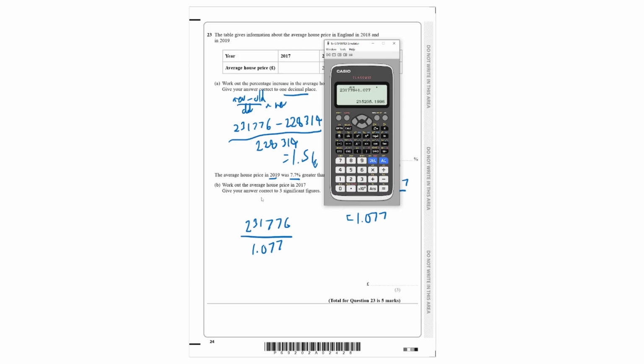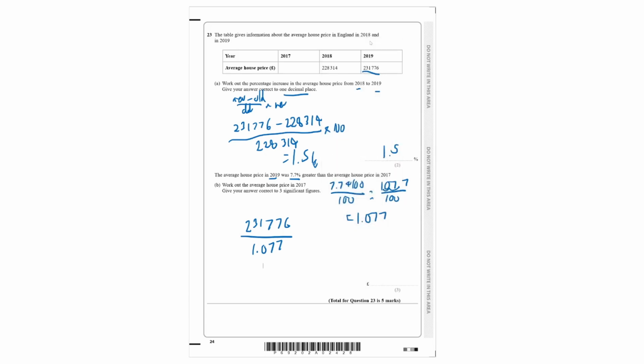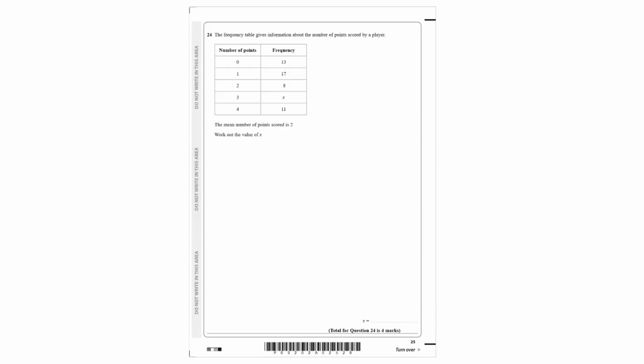That gives us 215,205, correct to three significant figures, and since the next digit is 2, we round down, so we have 215,000.